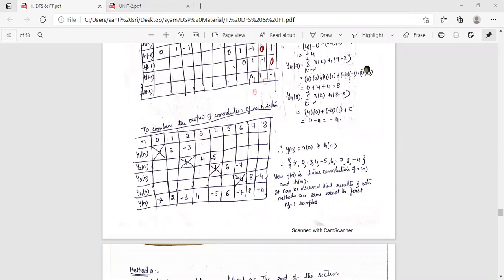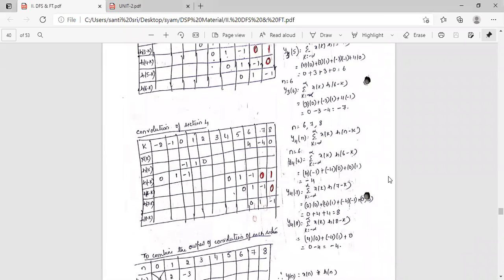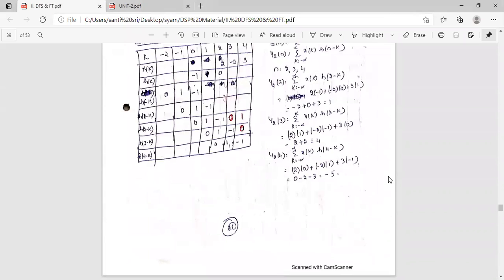So like this, we can find the linear convolution of the given sequences x of n and h of n using the overlap save method. This is method one of the overlap save method. What we have done in method one is take three samples for each section.